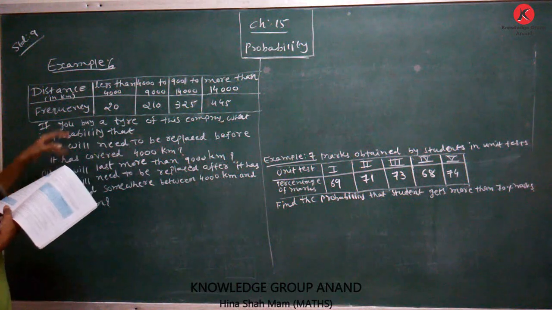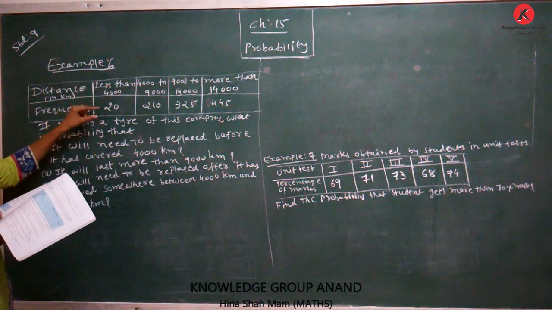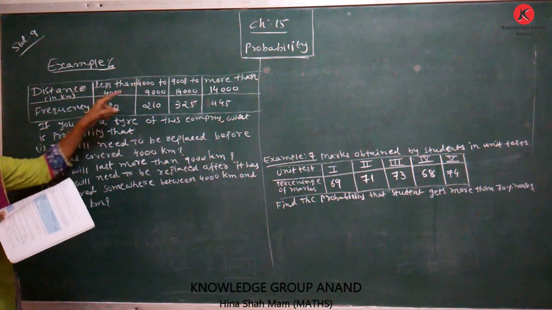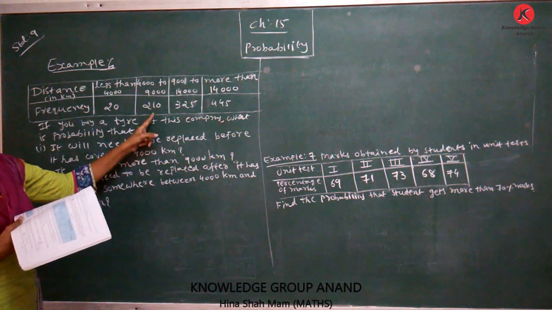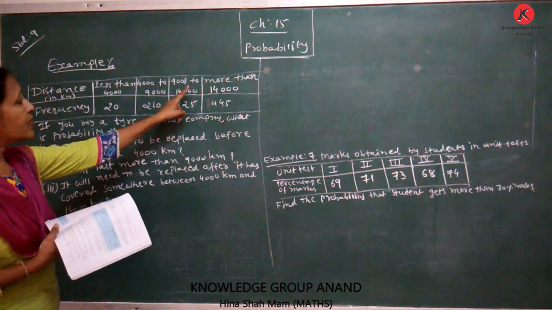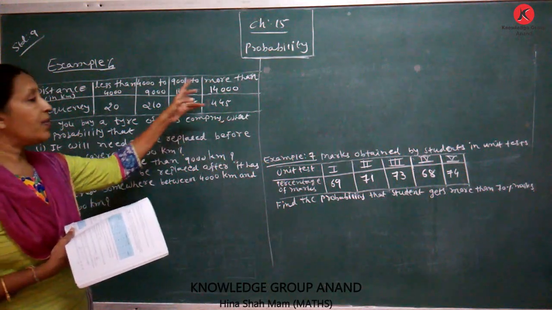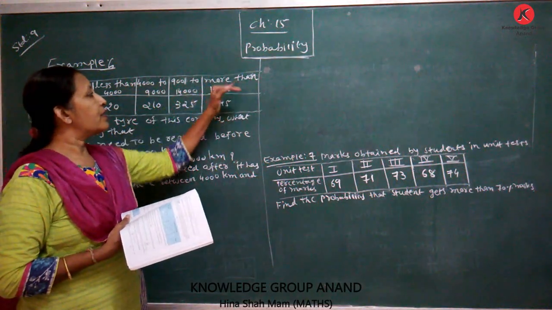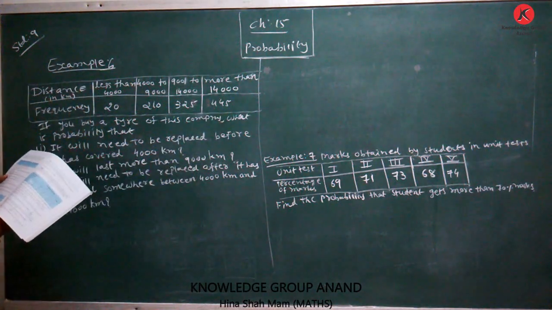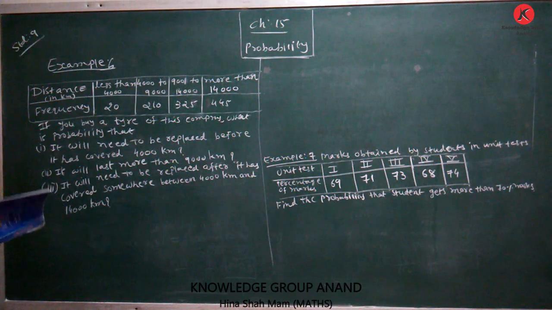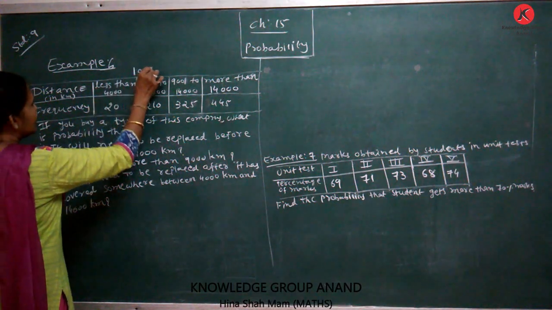Here, tire covered less than 4000 kilometer, its frequency is 20. 4000 to 9000 kilometer, 210. 9001 to 14,000, 325, and more than 14,000 is equal to 445. How many total pieces?